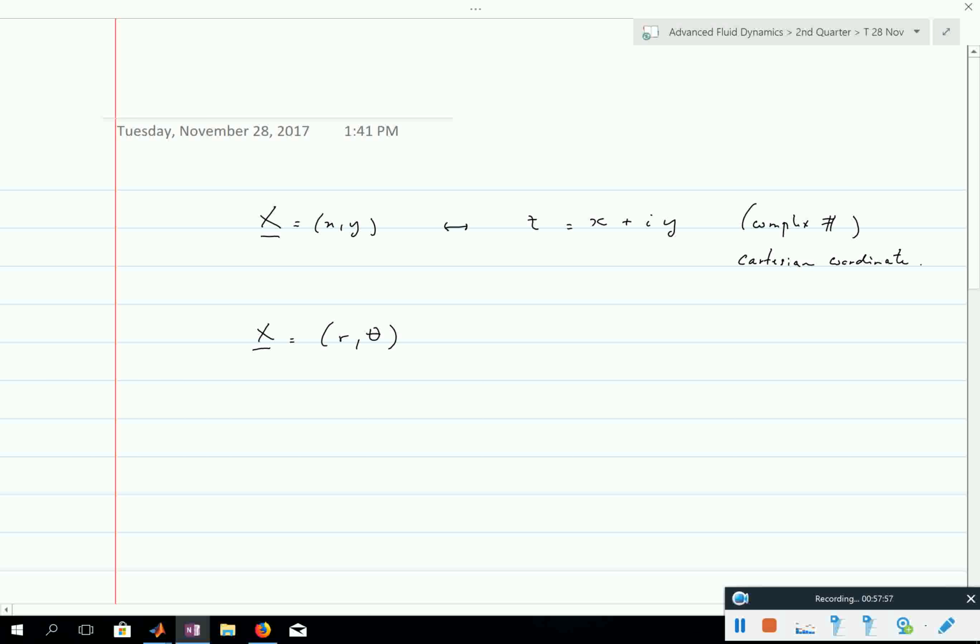In that case, you know that z is equal to r cosine theta plus i times r sine theta.